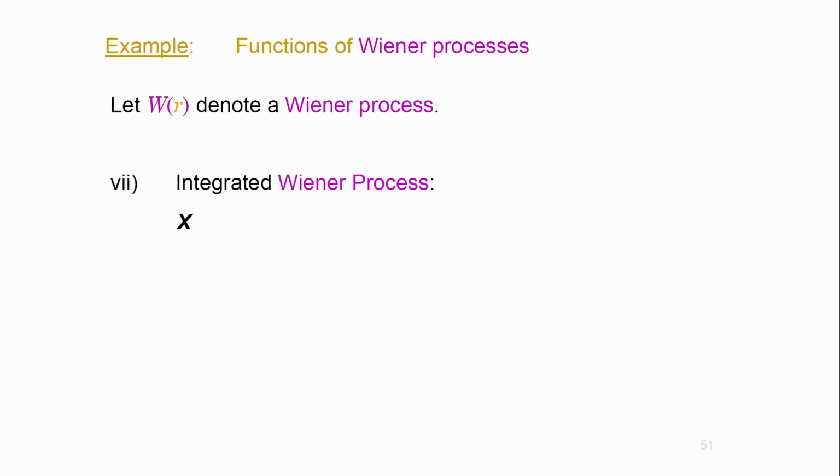Now the Wiener process is already an integrated stochastic process, but anyway, that's a little bit confusing by the name. If it says integrated, there's going to be an integral there. So the stochastic process I'm going to define here, the process x at time point t, is going to be the integral of the Wiener process from 0 to time point t.